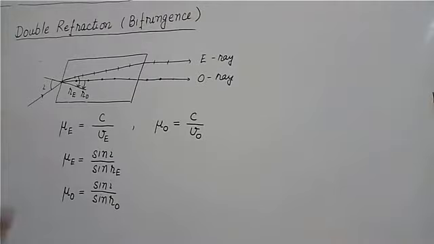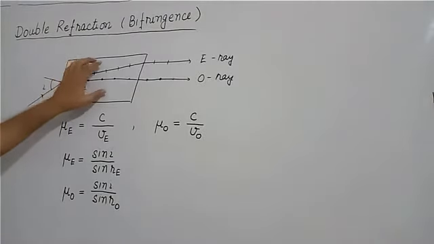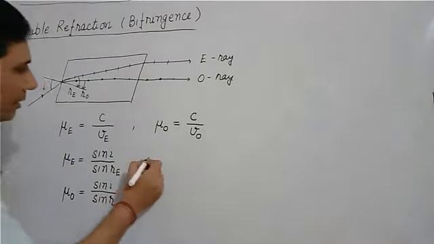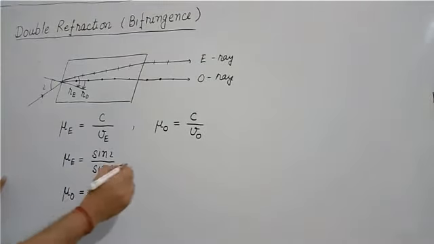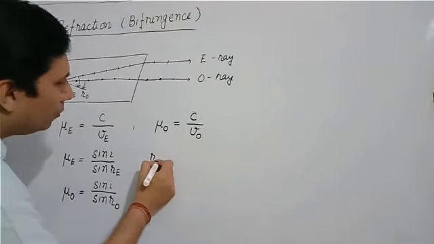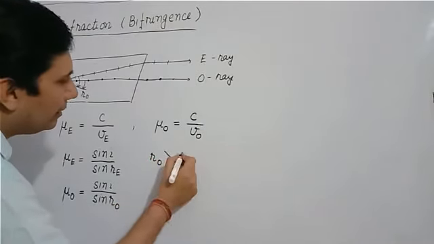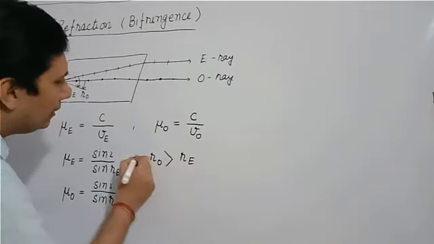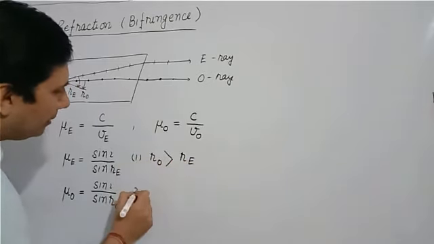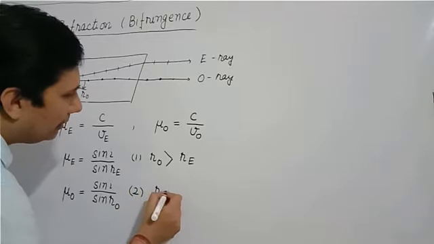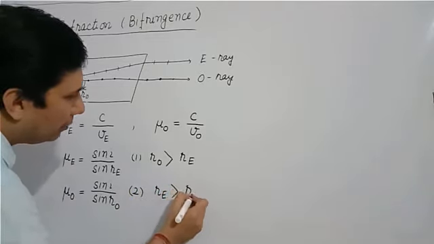Now there can be different types of doubly refracting crystals, and there can be two cases. In one case, suppose RO, the angle of refraction for O ray, is greater than RE. This is the first case. There can be a second case when RE is greater than RO.